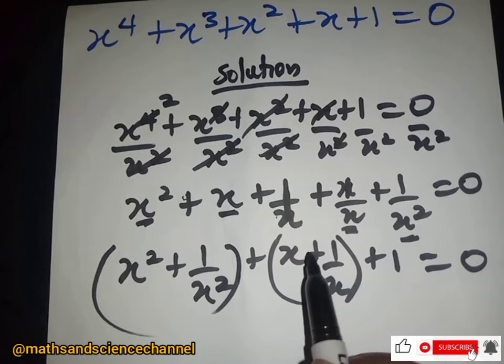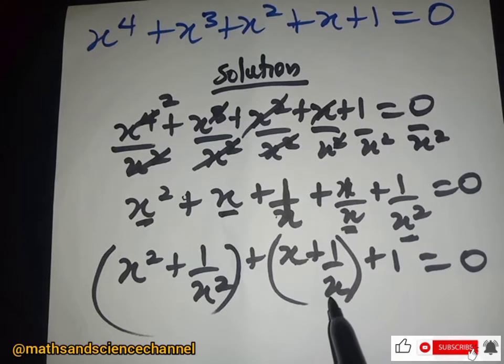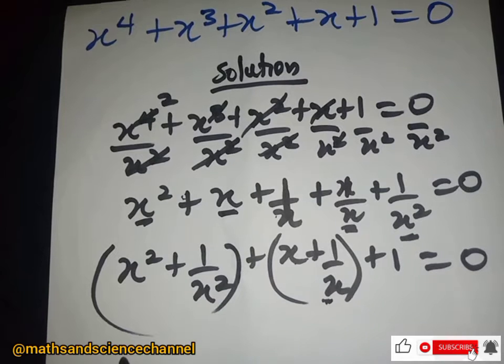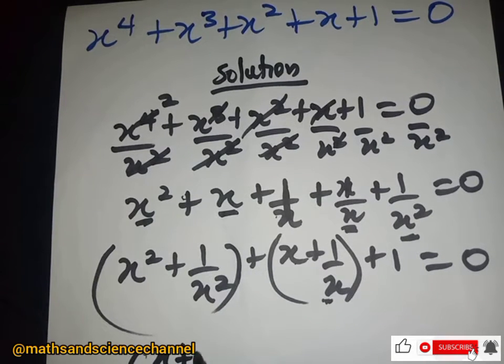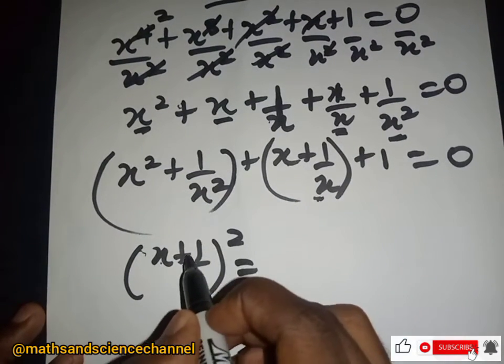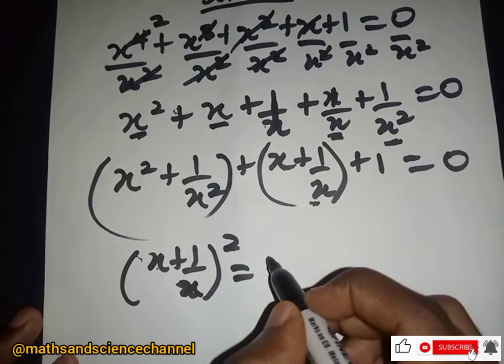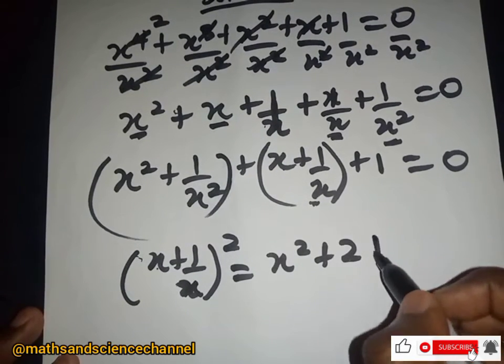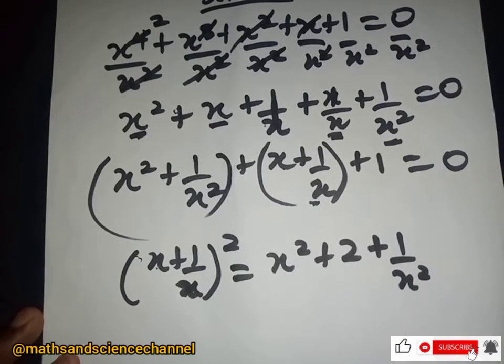Now if we look at x plus 1 over x here, we can write something similar to this. When we square the whole of x plus 1 over x, we get x squared plus 2 plus 1 over x squared.